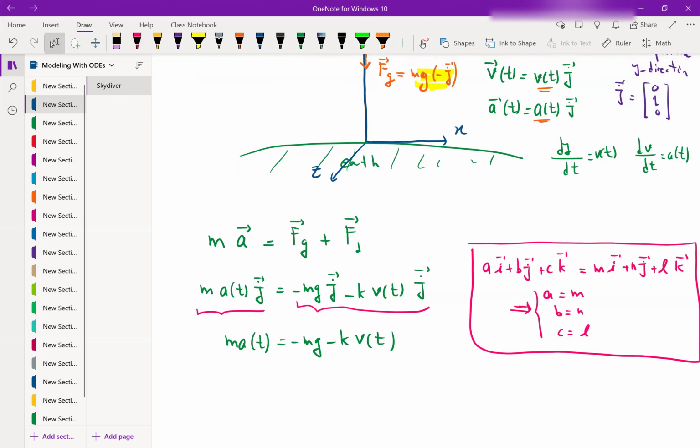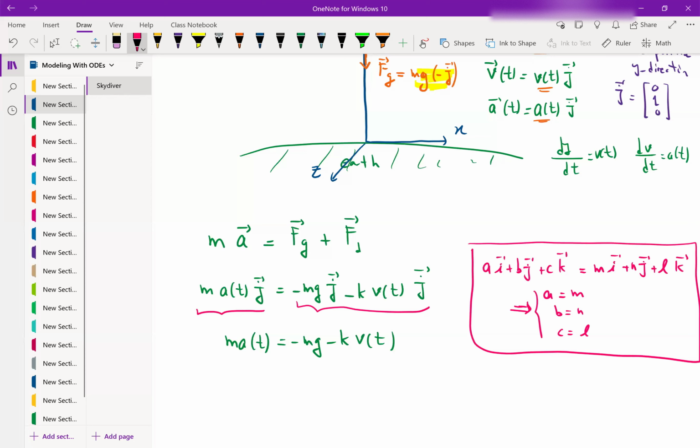Remember, the quantity of interest in this example was the velocity of the skydiver. So I'm going to write this a(t) in terms of velocity. I know that a(t) is the first derivative of velocity. If I was interested in the position, I would have used the fact that a(t), the acceleration, is the second derivative of the position.